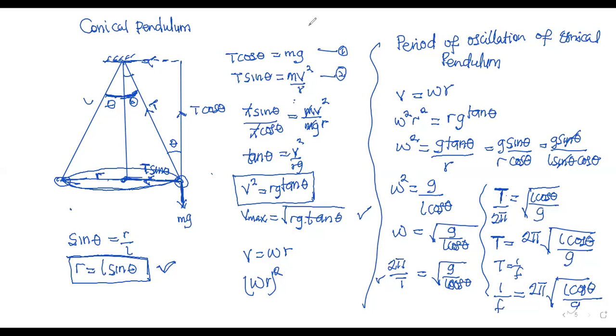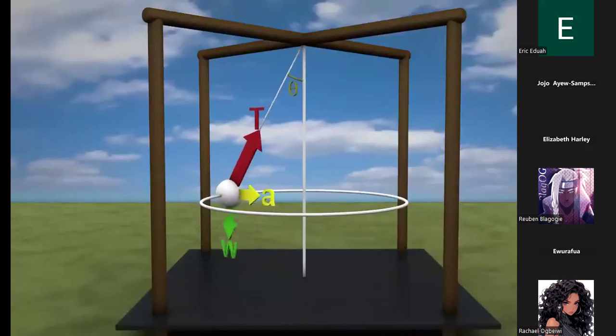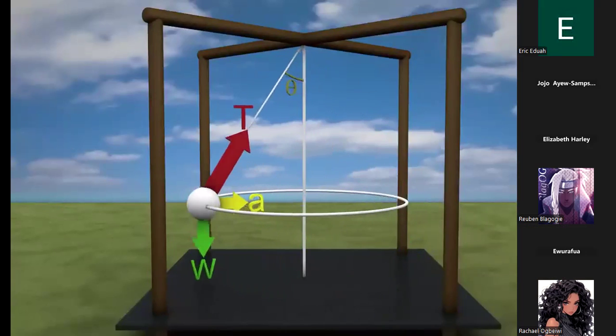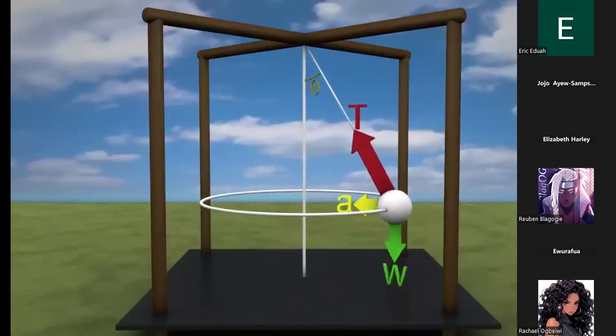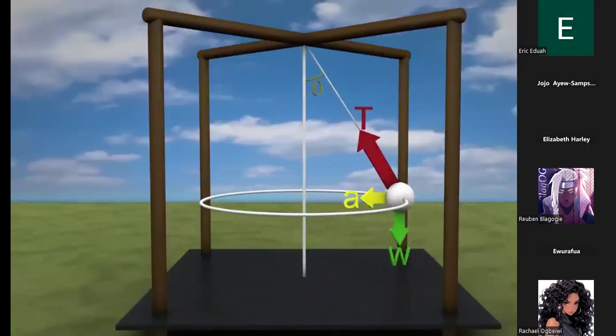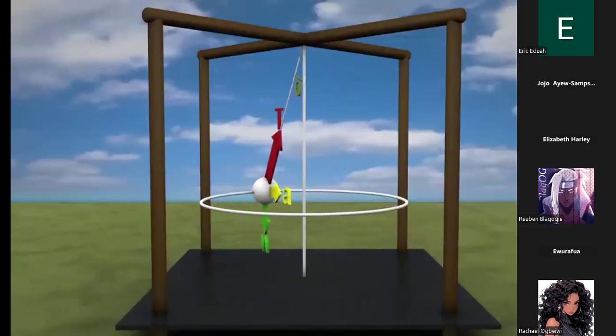With this, when a conical pendulum is in motion, the period is the time taken to make one complete revolution. So if you are asked to calculate the time taken by the bob to make one complete cycle, you can use that formula to calculate.